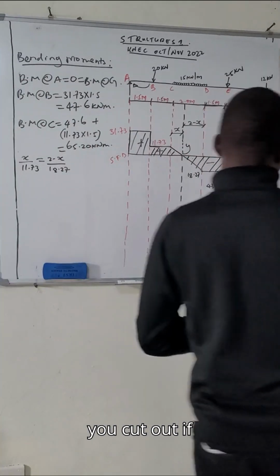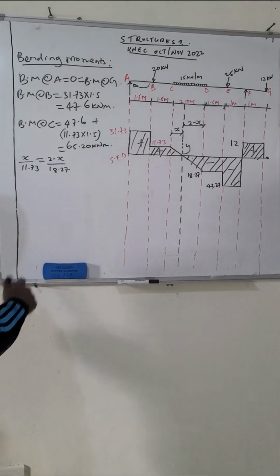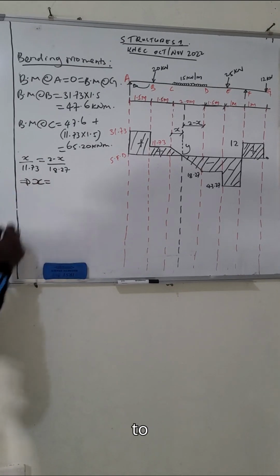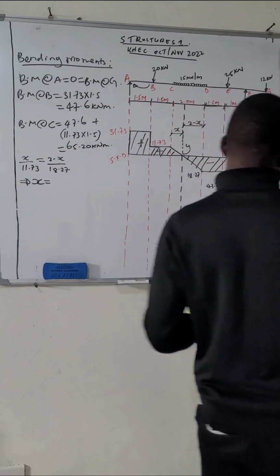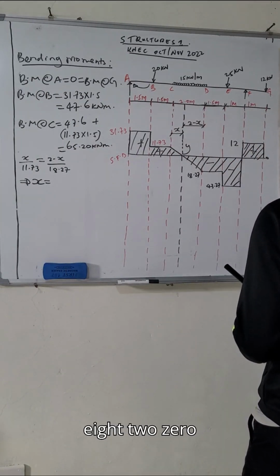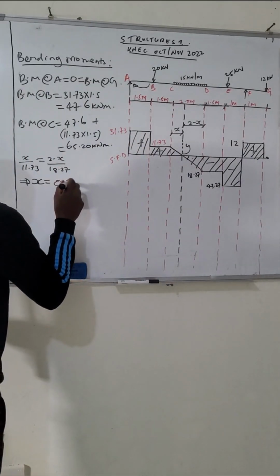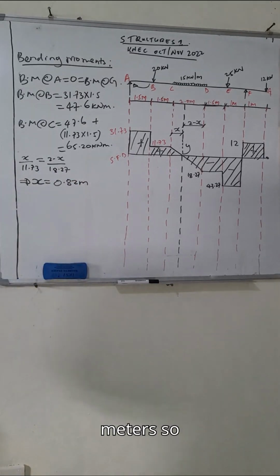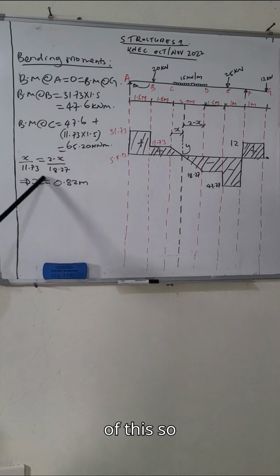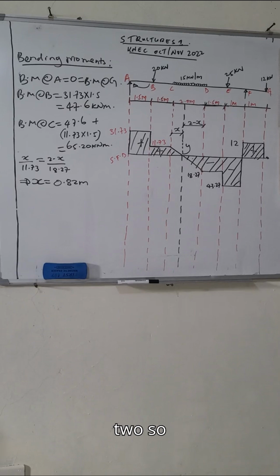If you carry out your operation correctly, you will find X equals 0.82 meters. So kindly carry out the operation so that you can find this value 0.82.